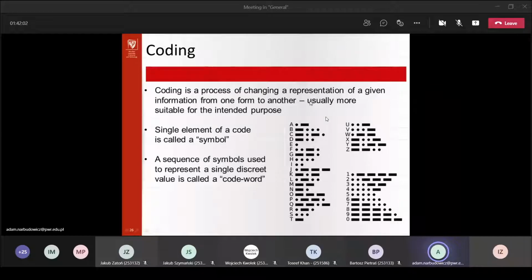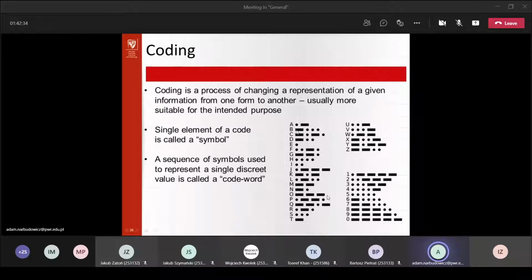A single element of a code is called a symbol. Each of those, so dot and dash, is a symbol which corresponds to the letter A, which itself is actually a different symbol, but that's okay. Then dash dot dot dot is again one symbol. So a symbol has one meaning by itself.